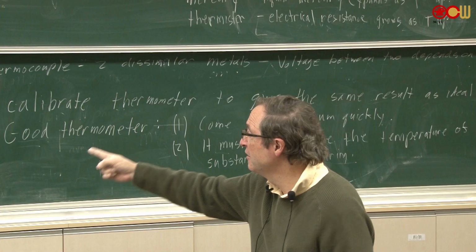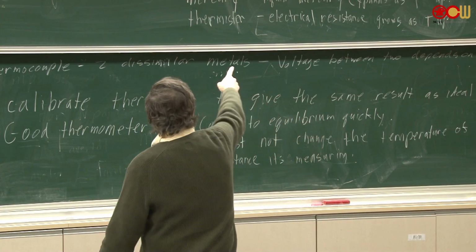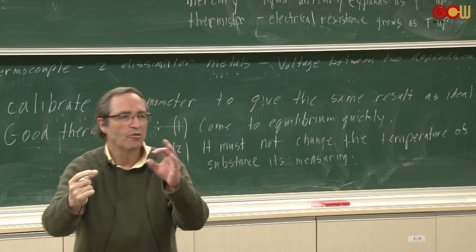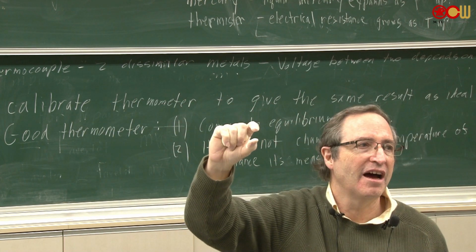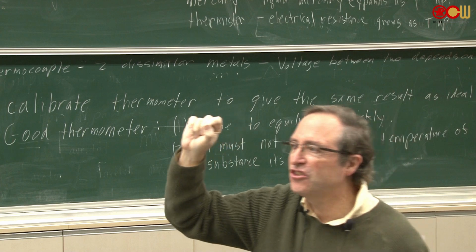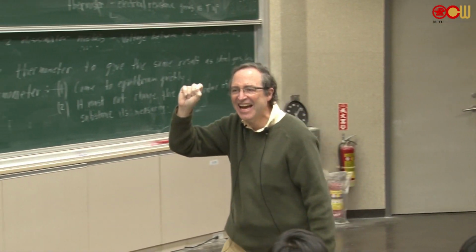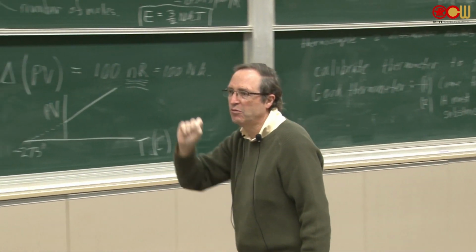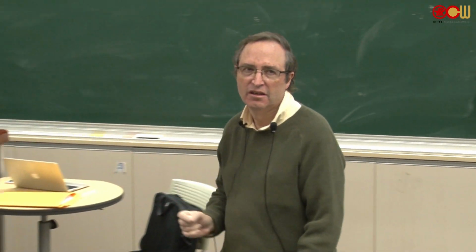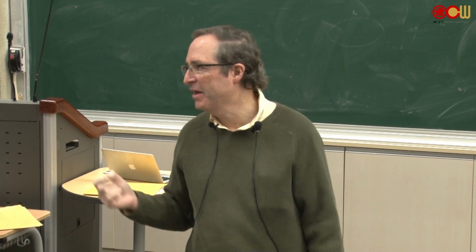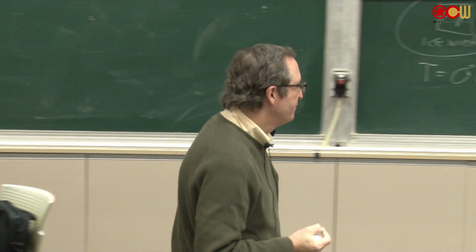For instance, with the thermistor I used when I was an undergraduate, we were measuring the temperature of little crystals about this size. The thermistors were tiny little wires that we attached to the crystal. They were small so that they would not have a big impact on the crystal.